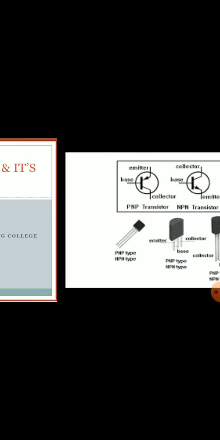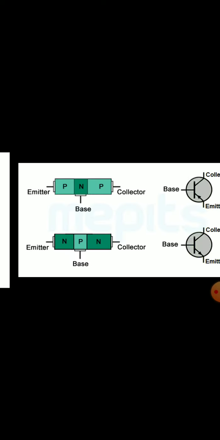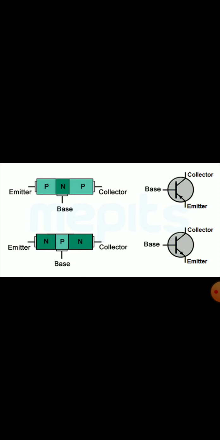So the transistors are the PNP transistor and the NPN transistor. A transistor has two PN junctions, formed like a sandwich model. You all know a sandwich: some ingredients are placed in between two buns.